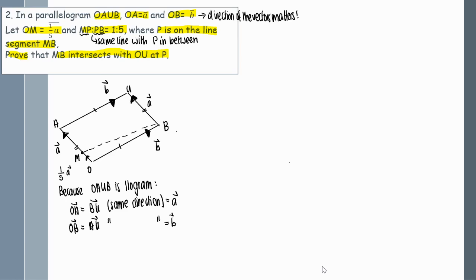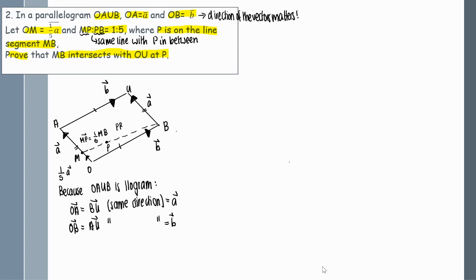For the second part of this sentence, we know that we need to draw the line segment MB. I'm going to make this a vector with my arrow pointing towards B. We also know the point P splits this line segment such that MP to PB is length 1 to 5. The whole line would have a total length of, say, 6, because 1 plus 5 is 6.